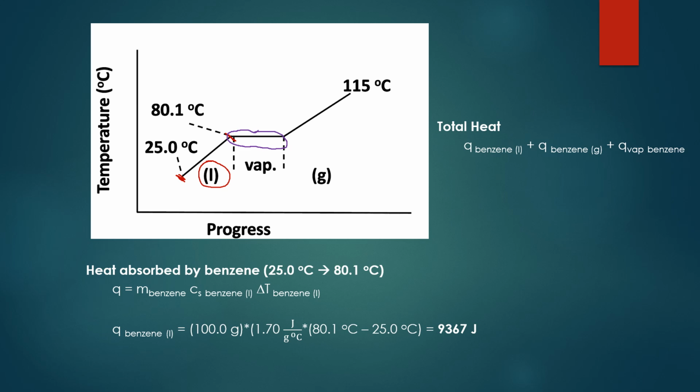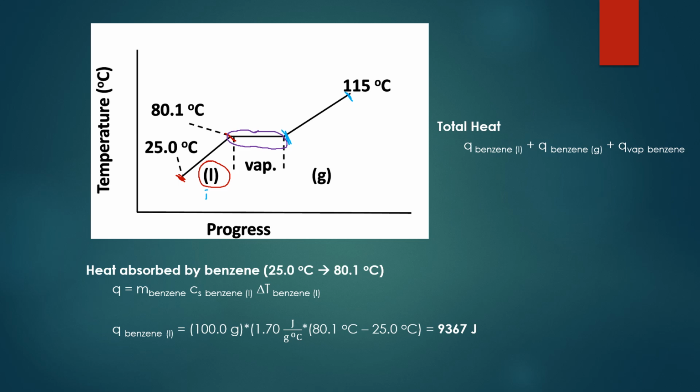So once all of the liquid is vaporized into a gas, then the temperature is going to start to rise once again. So we have our second diagonal line starting at the 80.1 degrees right here. And now this gas phase benzene is going to be heated up even further until it gets to 115 degrees Celsius.